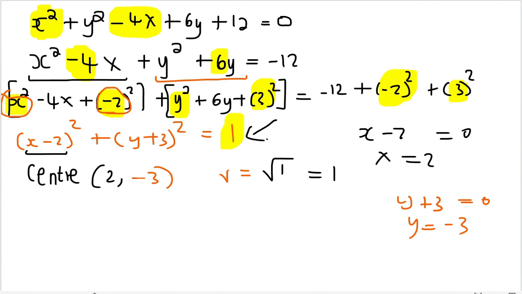So let's do a last example. So suppose now we are given x squared plus y squared plus 2x plus 8y plus 8 equal to 0.